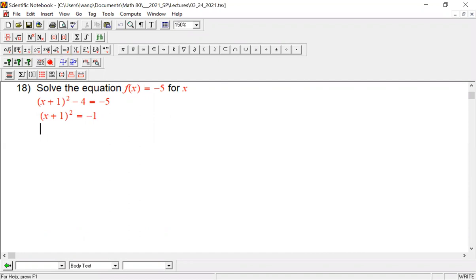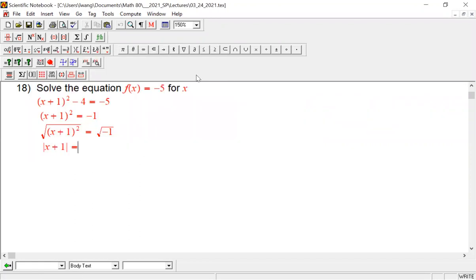And we take a square root on both sides. On the left-hand side, we still get the absolute value of x plus 1.